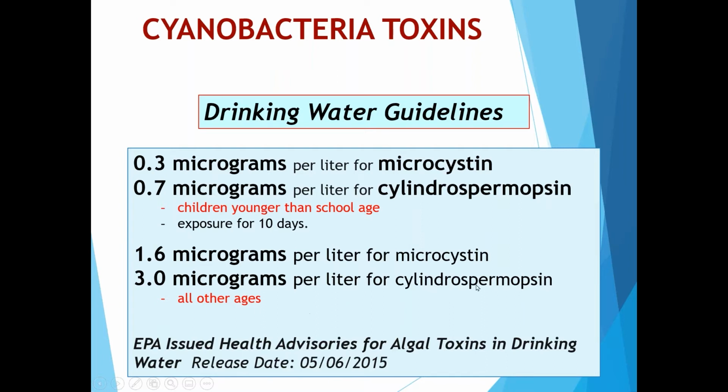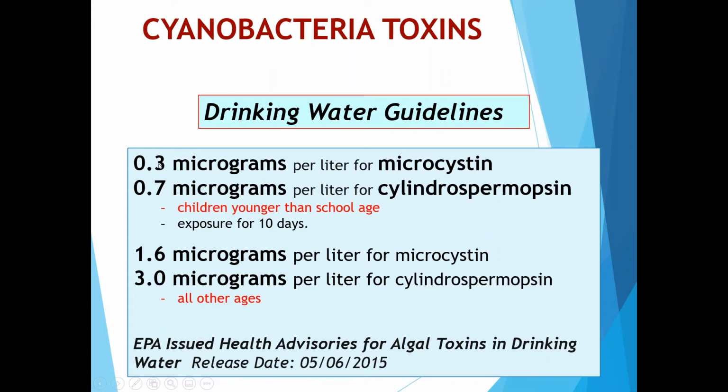So I pretty much ignore these higher ones, and I always go with the lower ones because I have grandkids now. I have little guys in my household, and we're not making formula, but my 5-year-old grandson is drinking water out of the tap. Yes, we're filtering that through the fridge, but there's still a possibility that microcystin could carry into the distribution system.